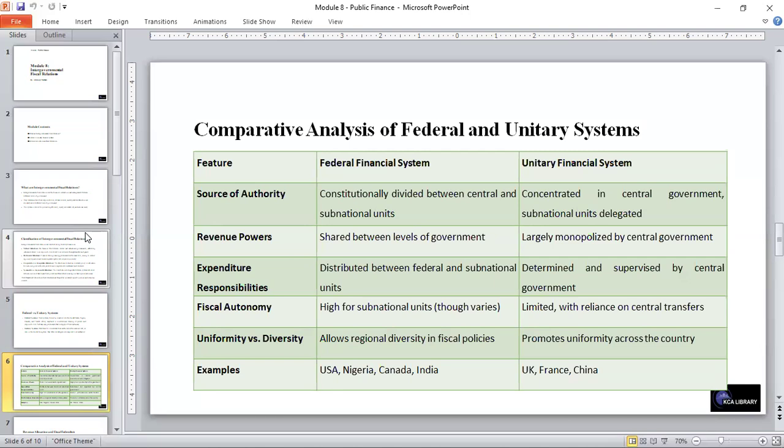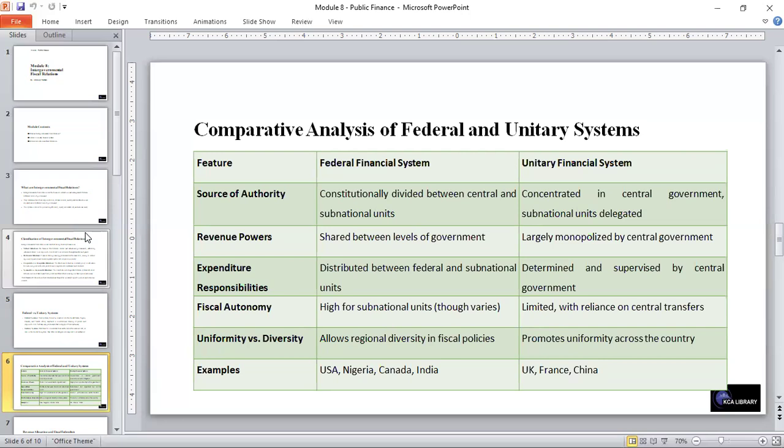the federal system: the source of authority is constitutionally divided between central and subnational units, while the revenue power is shared between the levels of government.